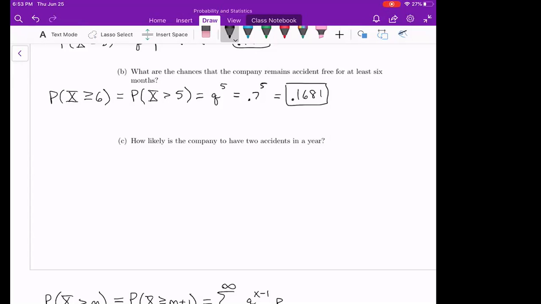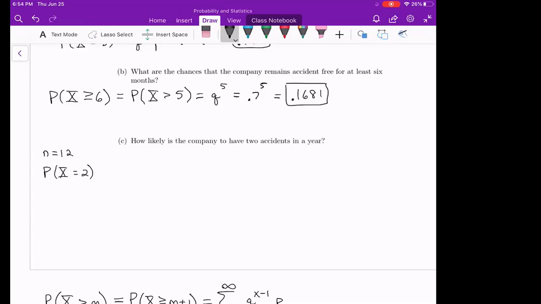You know that n corresponds to the number of months, and you're looking at a year, so that's 12. So n is 12. We want to know the probability that x is 2.